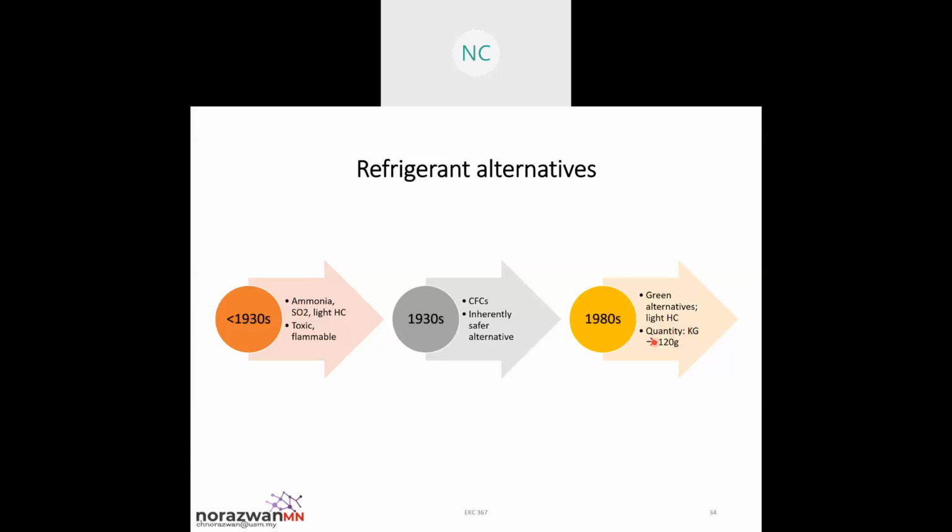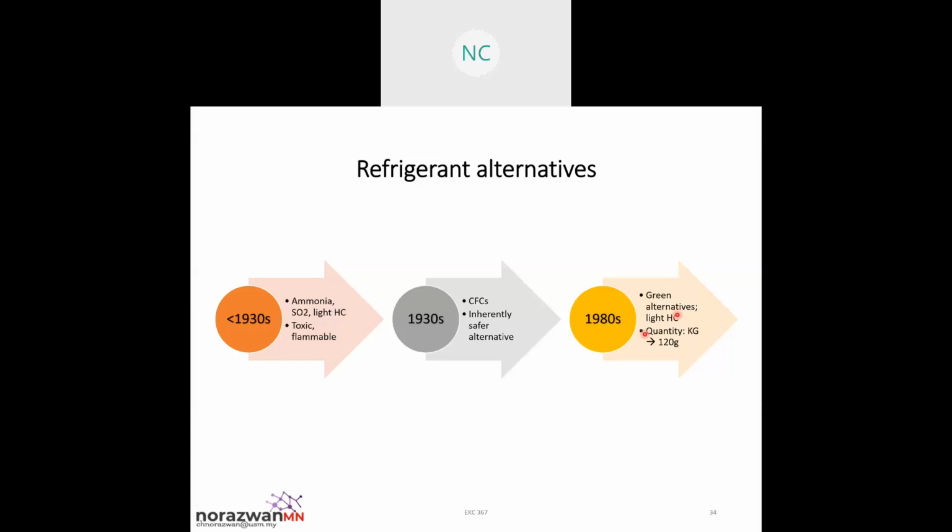Okay, so the first one is substitution, but if you look back, it actually is a minimization. You minimize the quantity of light hydrocarbon. It has actually been reduced from kgs to just 120 gram of hydrocarbon.